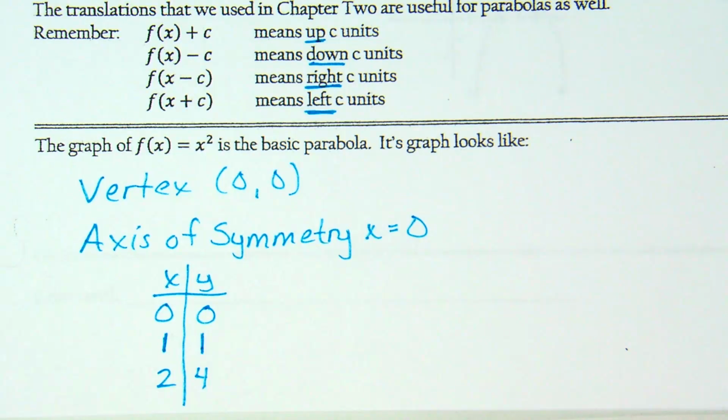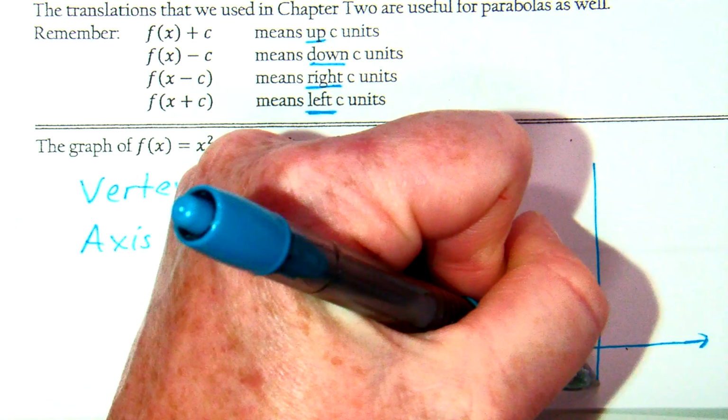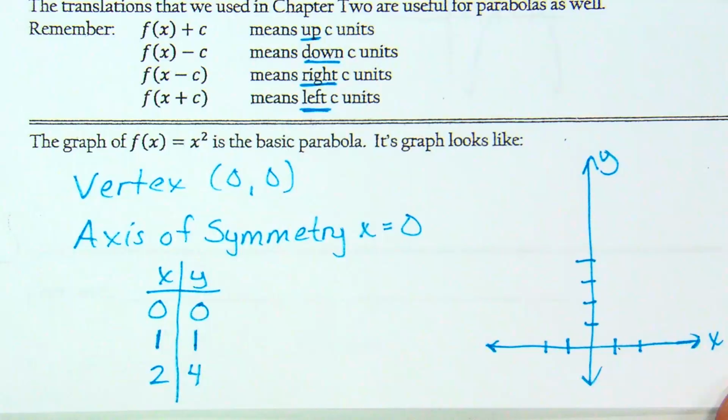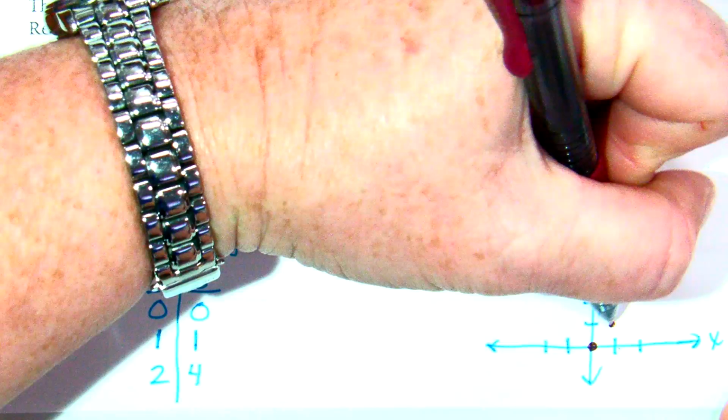This is what my parabola looks like. So if I sketch a graph here, nothing fancy, but again, just basic parabola information. I'll be able to go left 2, right 2, and up 4. So, 0, 0, right 1, up 1, right 2, up 4.